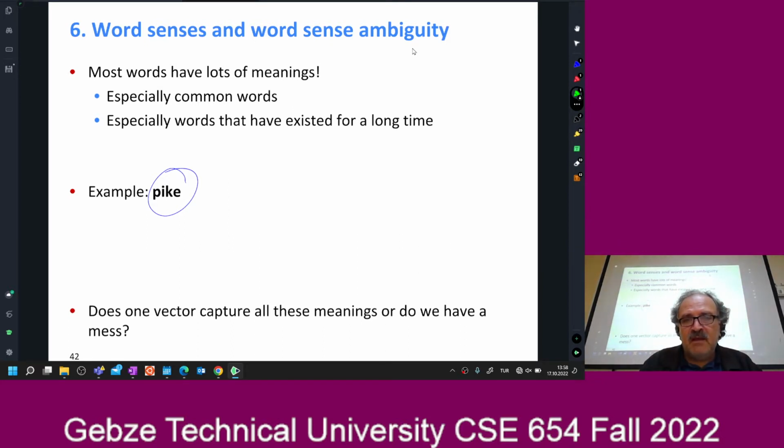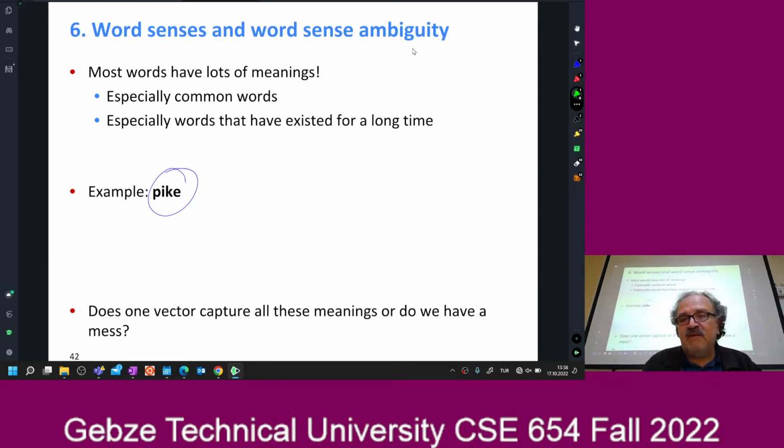So I am going to use the word vectors in such a problem, word sense disambiguation, or I can use these word vectors directly in machine translation.